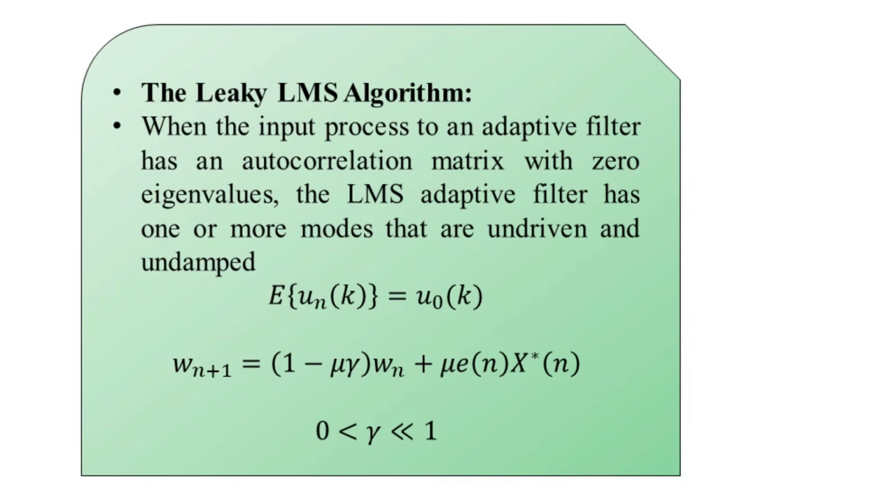Now you see, the properties of the leaky LMS algorithm may be derived by examining the behavior of the estimate of the weight vector that we have denoted by capital E of W suffix n.